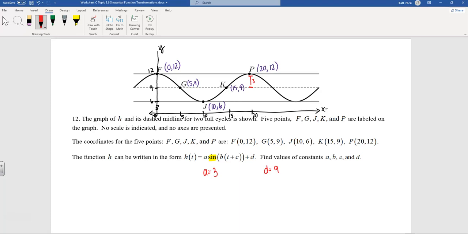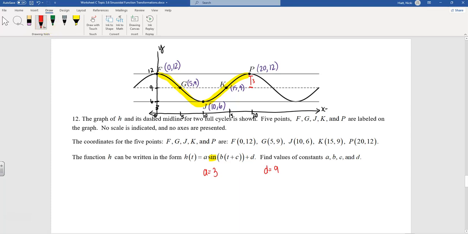For the other parts, what is the period of this graph? Not 10, it's 20, because you want to go from here all the way back up to here, and that's from 0 over to 20.